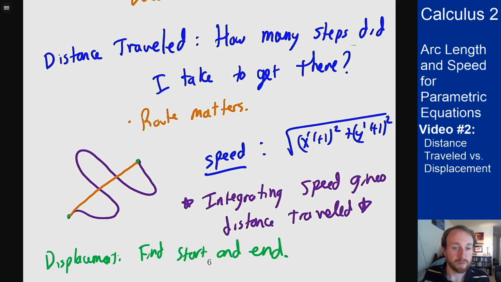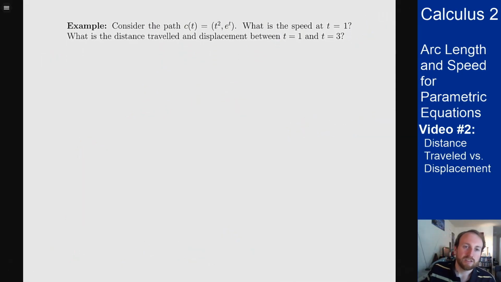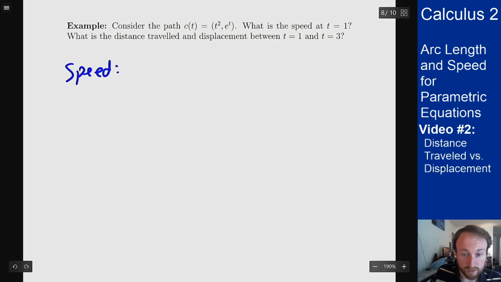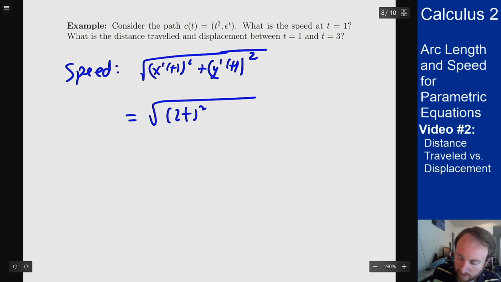Let's do an example of what this might look like. We'll have the path c of t, which is t squared, e to the t. I want to find the speed at t equals 1, and then distance traveled and displacement over the interval between t equals 1 and t equals 3. Speed, which we have looked at before, is just the square root of x prime of t squared plus y prime of t squared, which in this case is the square root of (2t) squared plus (e to the t) squared.